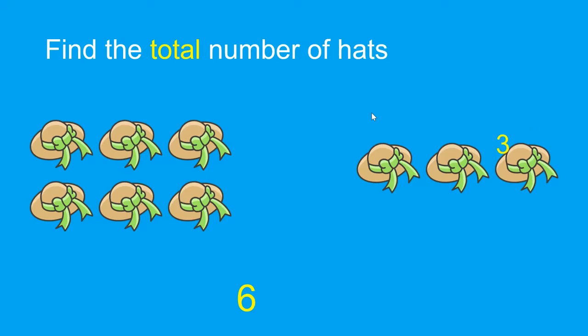So when we add them together, we write 6 plus 3 equals, to find the total number of hats, let's count all the hats. So we have 1, 2, 3, 4, 5, 6, 7, 8, 9. 9 hats altogether. So our math sentence is 6 plus 3 equals 9.